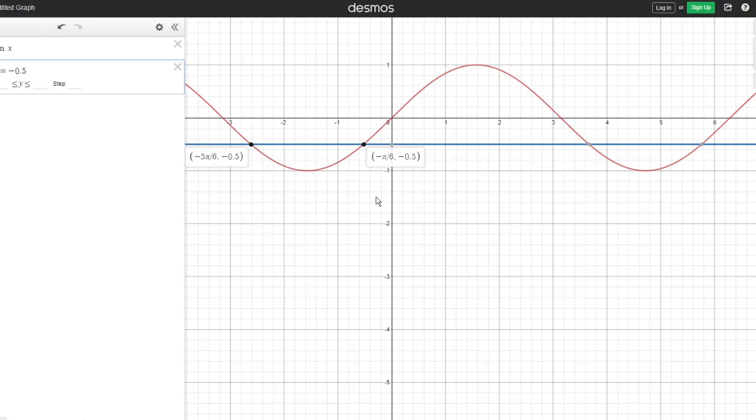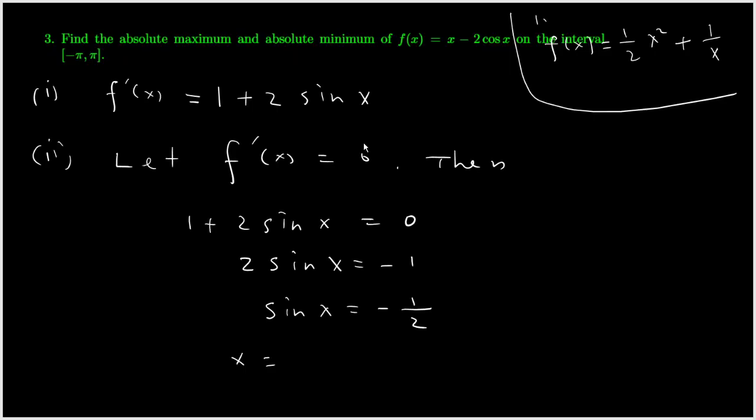Negative pi over 6. Sorry, I lost the 2 numbers already. Negative pi over 6. And the other solution is x equals negative 5 pi over 6, I believe.